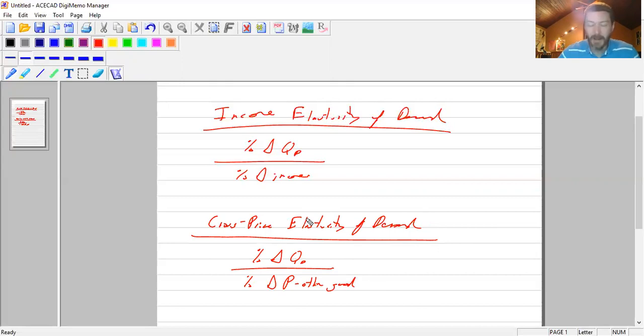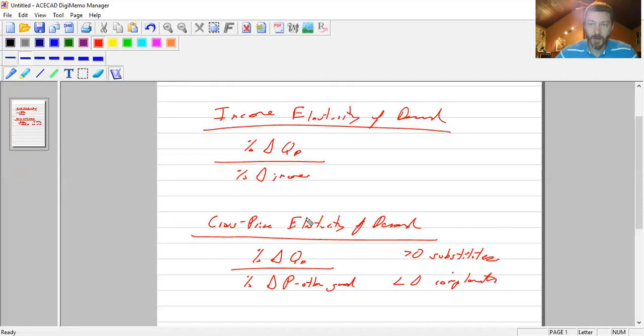So if the price of Pepsi goes up, what happens to the quantity demanded for Coke? If the price of peanut butter goes up, what happens to the quantity demanded for jelly? If this cross price elasticity is positive, if it's greater than zero, then the goods are substitutes. If it's less than zero, then the goods are complements.